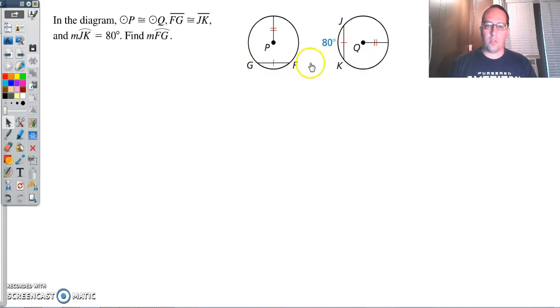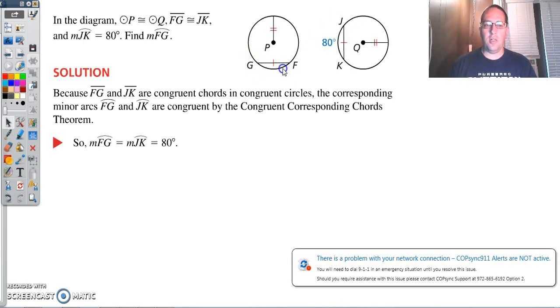Since the chords are congruent and the circles are congruent, the arcs are congruent. So since arc JK is 80 degrees and it's congruent to arc FG, FG is also 80 degrees. So that's simple enough.